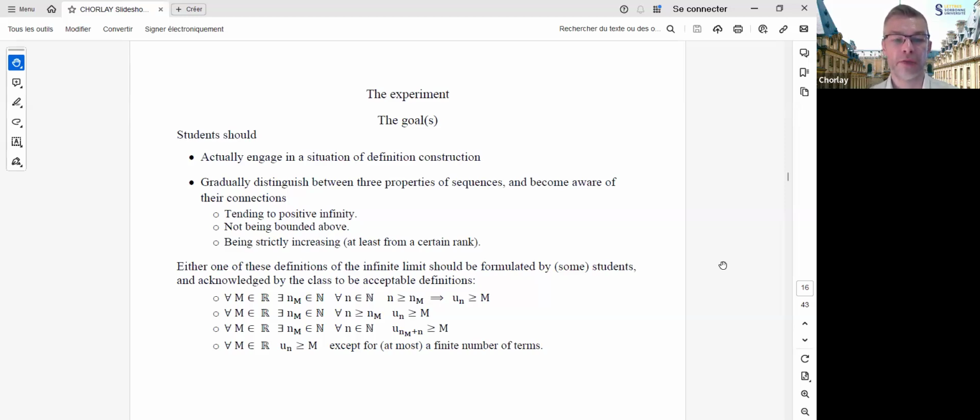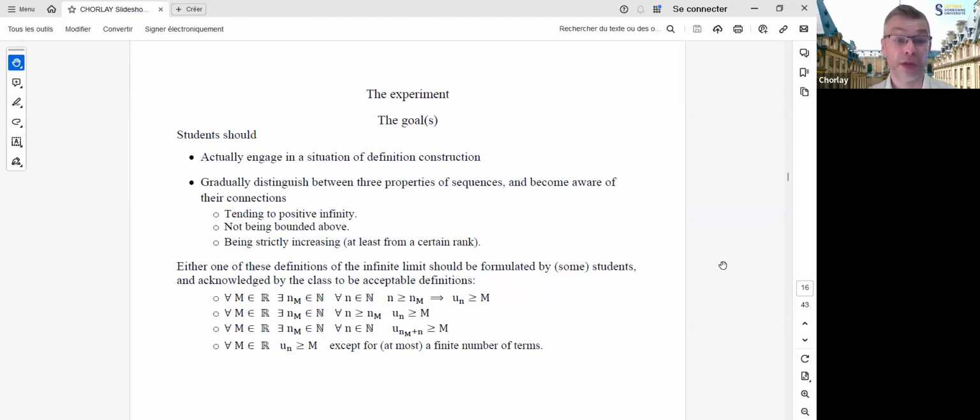And tending to positive infinity has nothing to do with being increasing towards positive infinity. So being increasing is neither a necessary nor a sufficient condition for tending to positive infinity. We would like students to become aware of all these facts in the course of the 2-hour session.